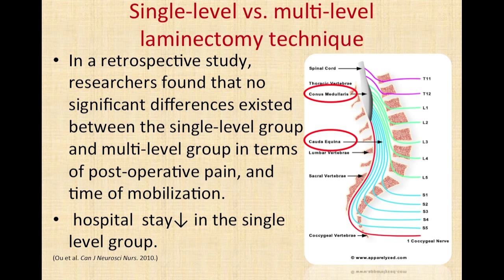Using the microscope, the dorsal roots from L2 to S1 were separated and transected. They found that no significant differences existed between the single-level group and multi-level group in terms of post-operative pain and time of mobilization. However, the length of hospital stay was significantly decreased in the single-level group.